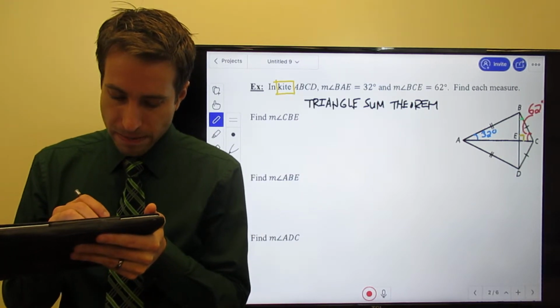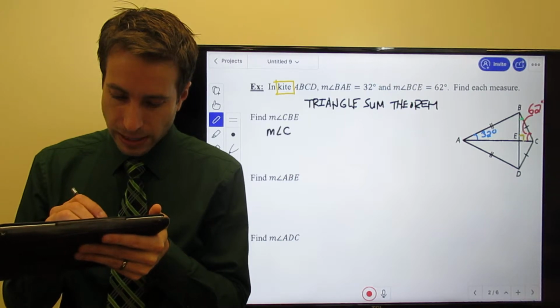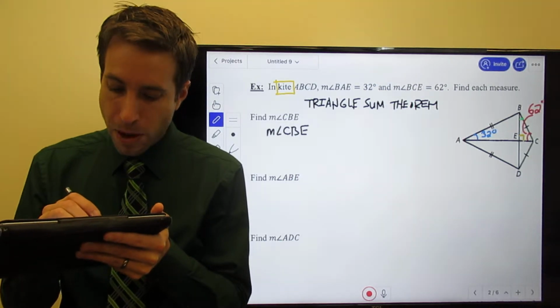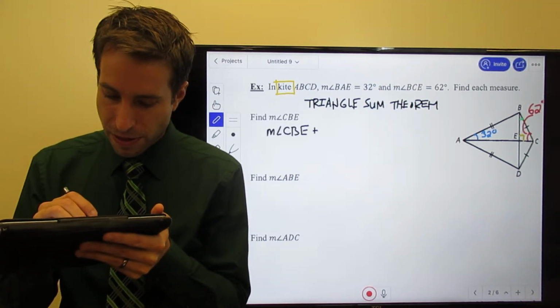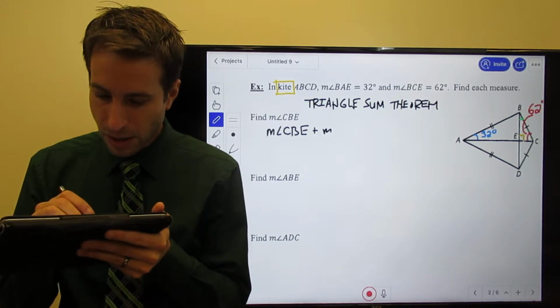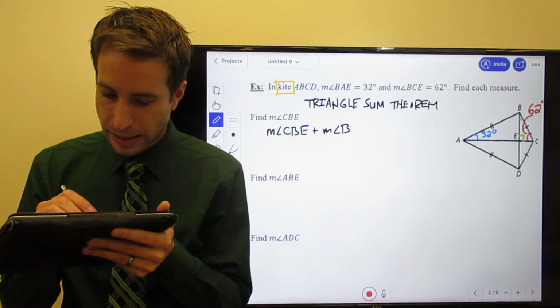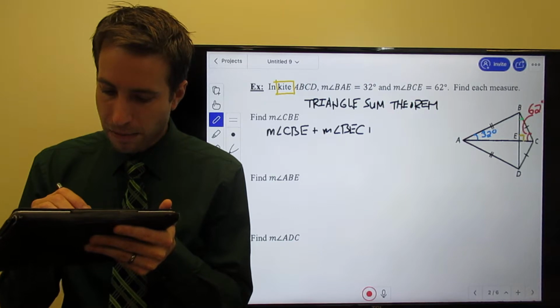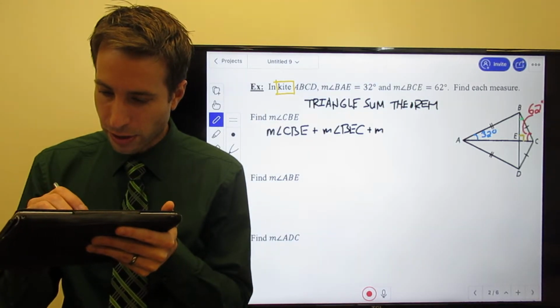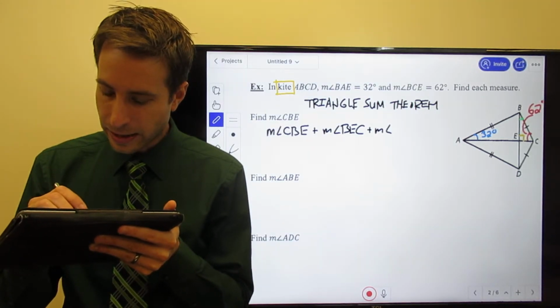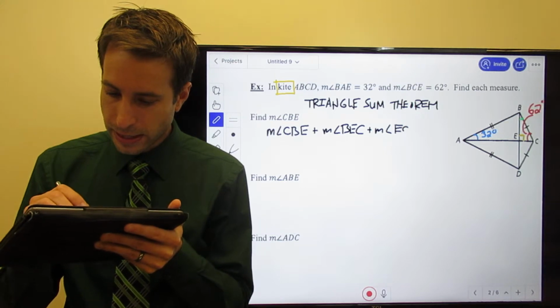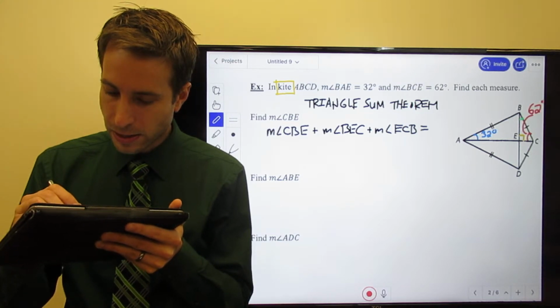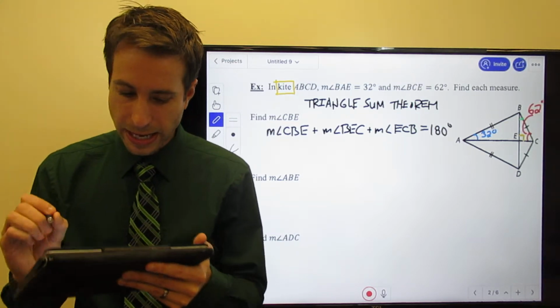I know that the measure of angle CBE plus the measure of angle BEC plus the measure of angle ECB must sum to 180 degrees.